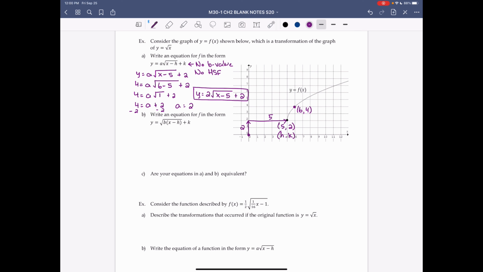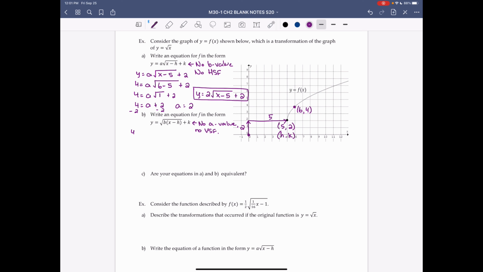Next part, write an equation for f in the form square root of b times x minus h plus k. So this time we have no a value, which means no vertical stretch factor. Same idea though, we already know h and k, we want to figure out b, we can use the same process.